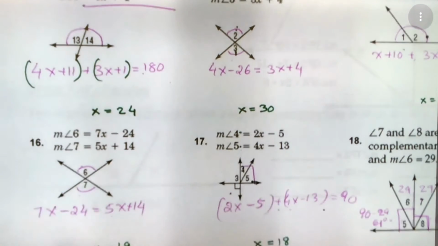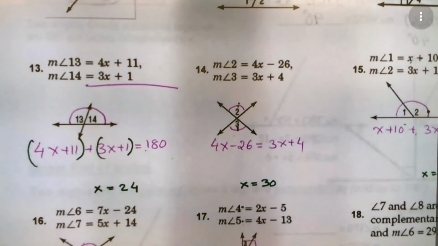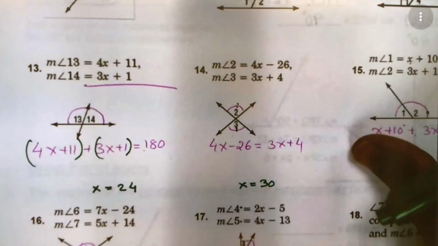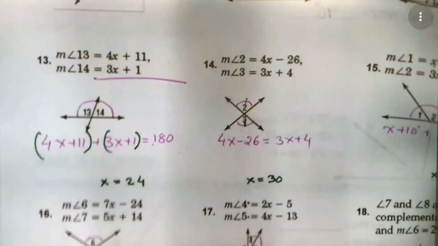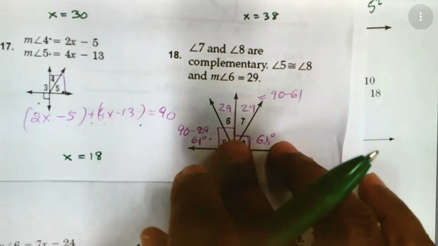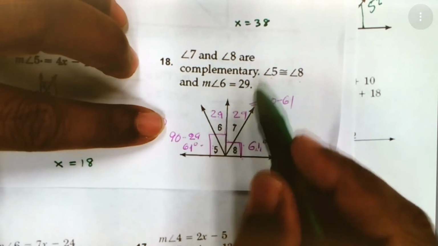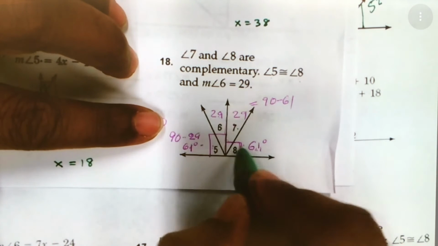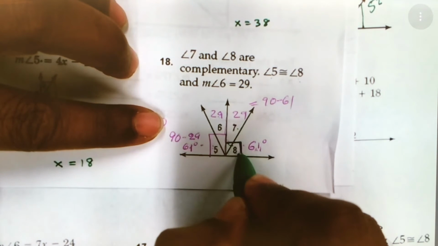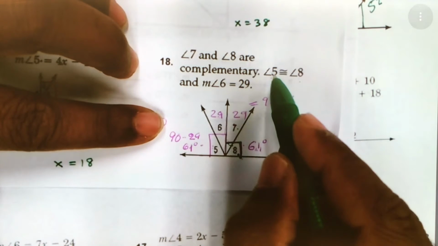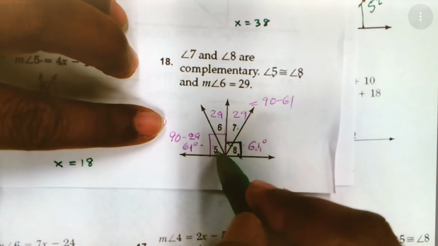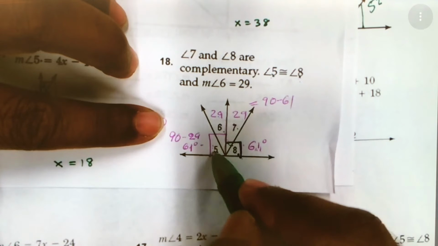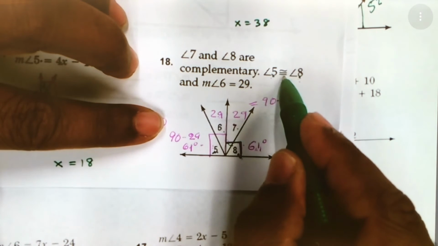Okay, so the last question. Here the question says that 7 and 8 are complementary. That means they add up to 90. And 5 and 8 are congruent to each other.